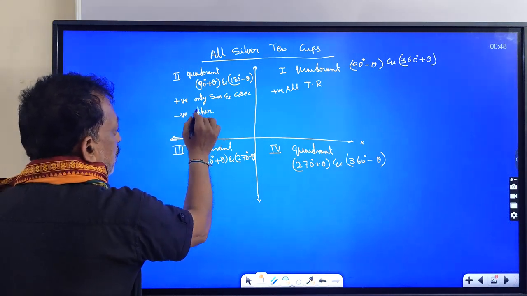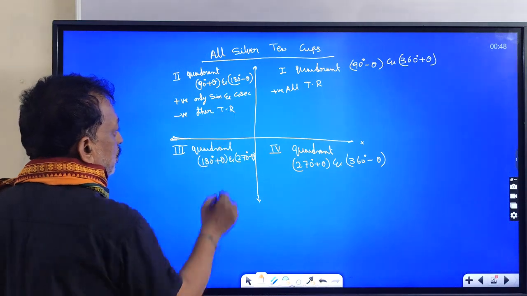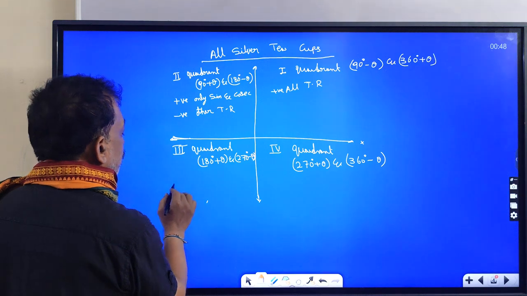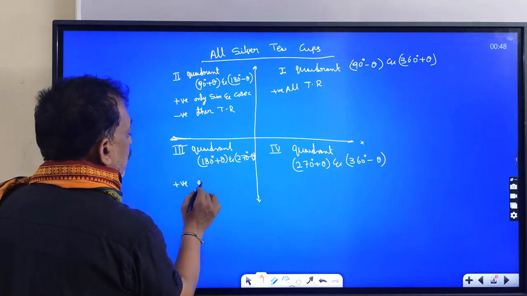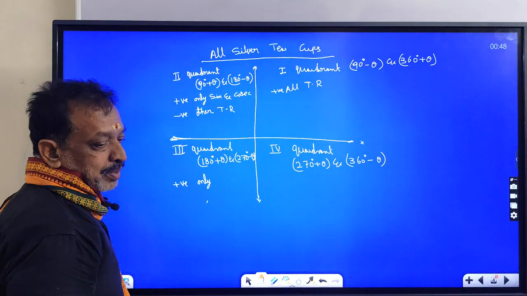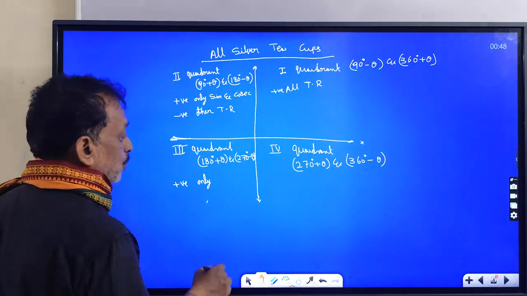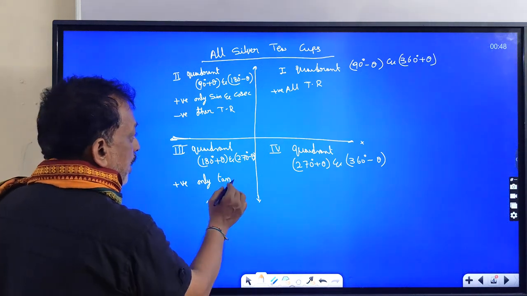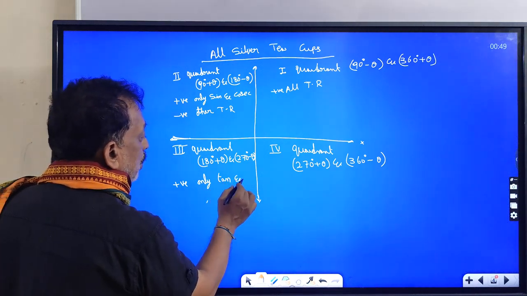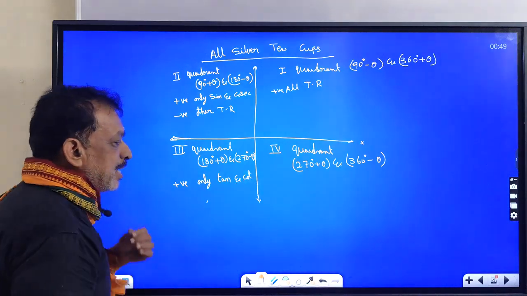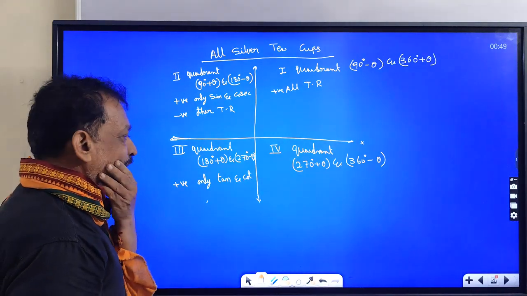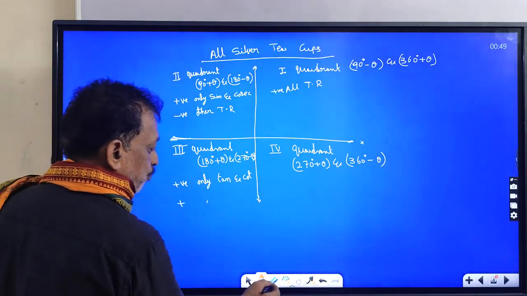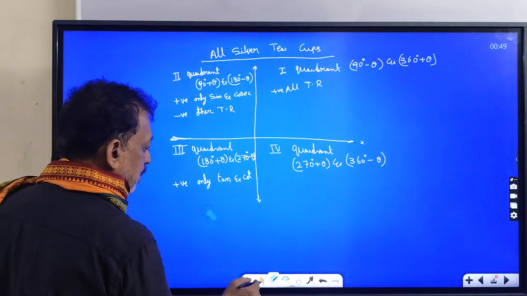In the third quadrant, Tea, only tan related ratios are positive: tan and cot. Why? Because cot is the inverse of tan. The remaining trigonometric functions are negative.